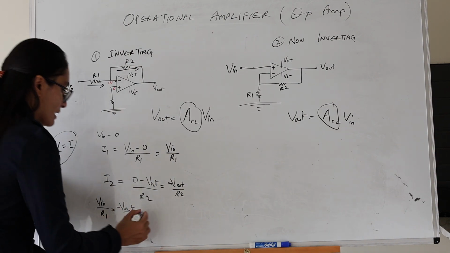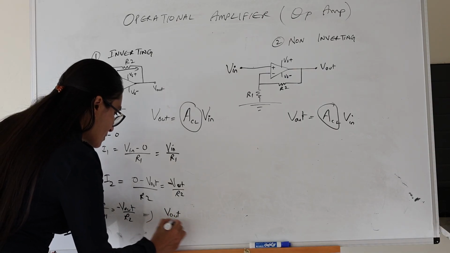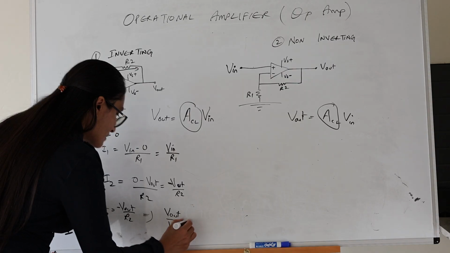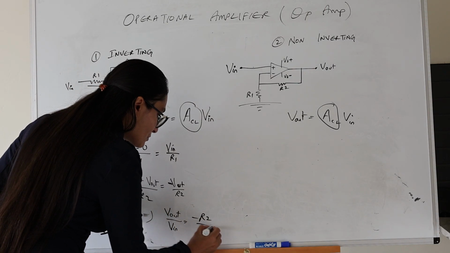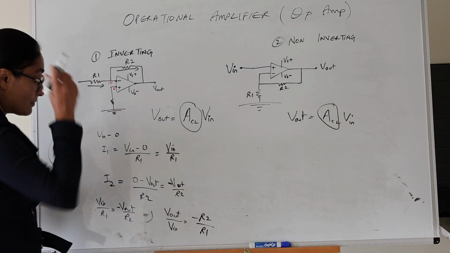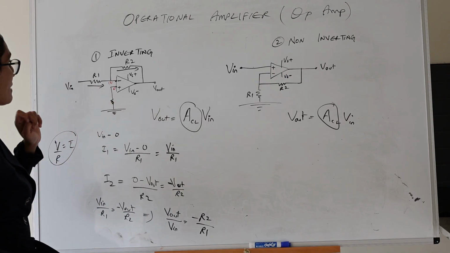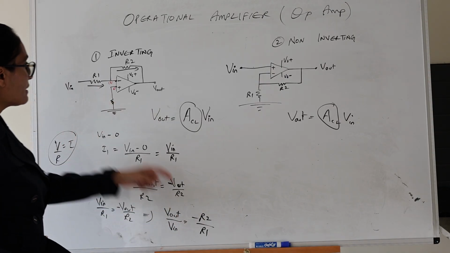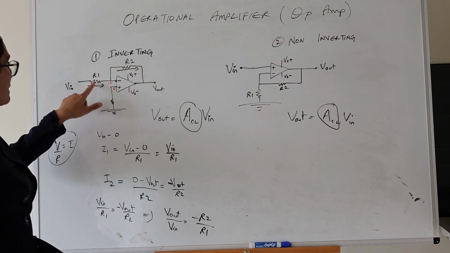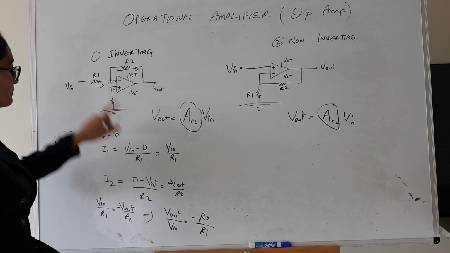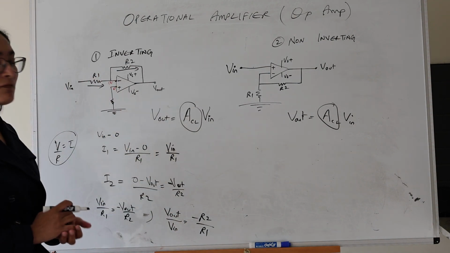If we rearrange, what we're going to see is V out over V in is equal to minus R2 over R1. So that's the result. That's the amount of gain we're going to have from the inverting amplifier. The gain is simply whatever resistor is connected here divided by whatever resistor is connected here. And the minus is because we have an inverting amplifier.